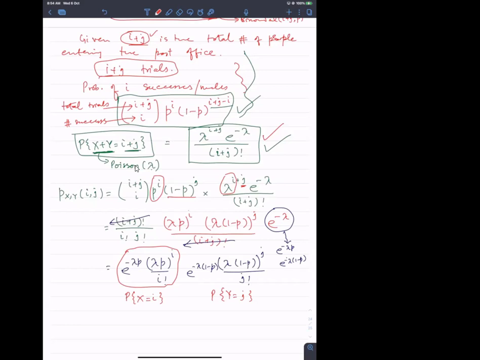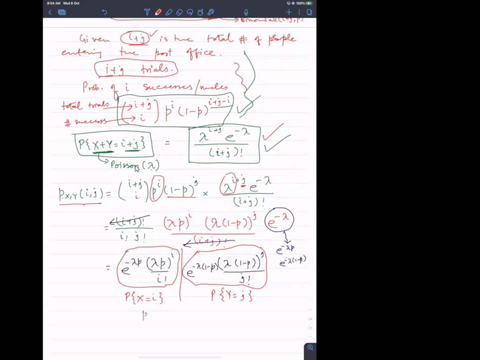So you can see that there is a clean separation of the i and j terms here. The PMF of X and Y has the i terms and j terms separated into a product.